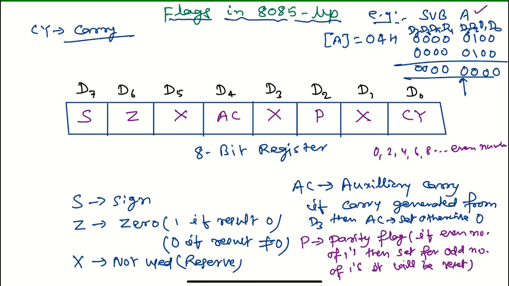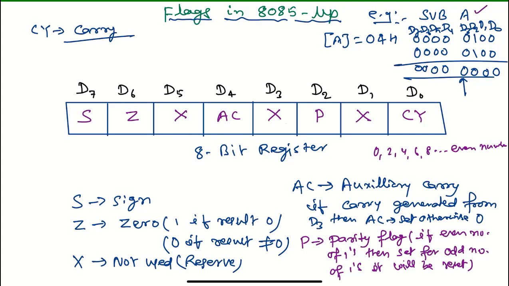Basically this carry flag is used whenever we are performing arithmetic operations on two large 8-bit numbers. When we add two large 8-bit numbers, the result may not be accommodated in the 8 bits of the accumulator register. So due to that, this carry flag is updated. This carry flag stores the 9th bit of the result. If the result is not more than 8 bits, meaning no carry is generated from the MSB bit, then this flag will be reset.